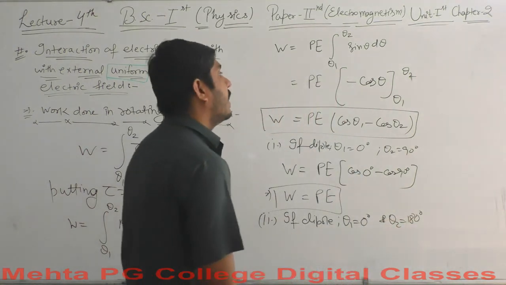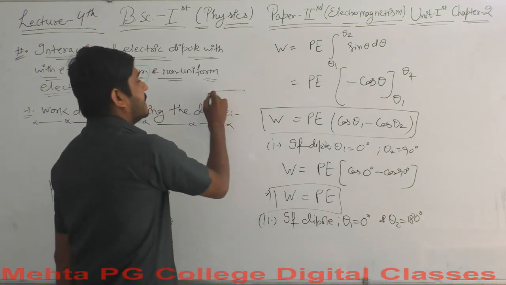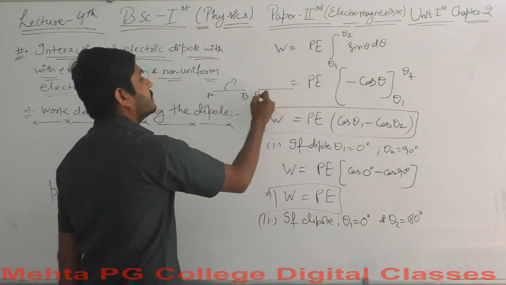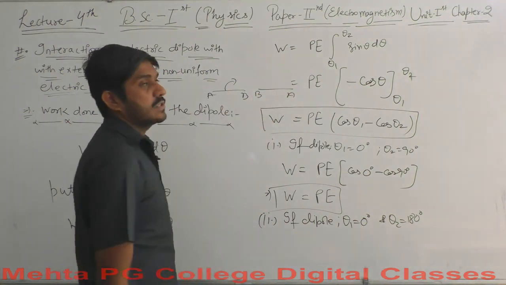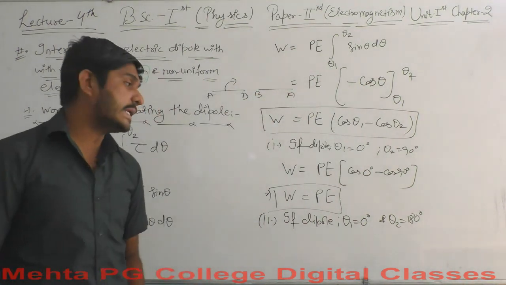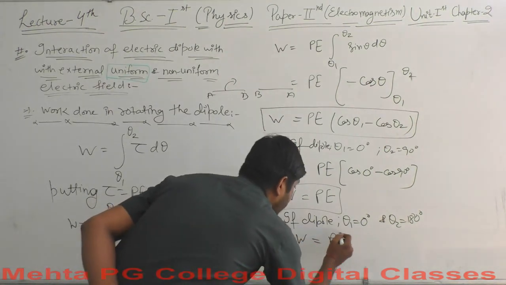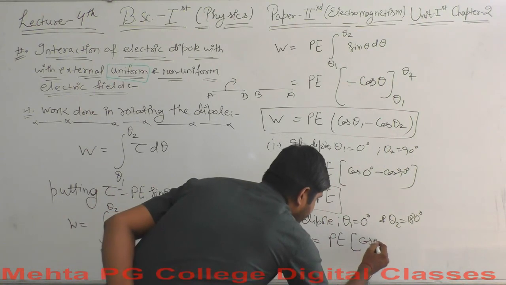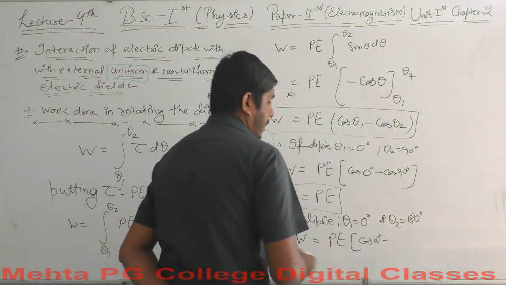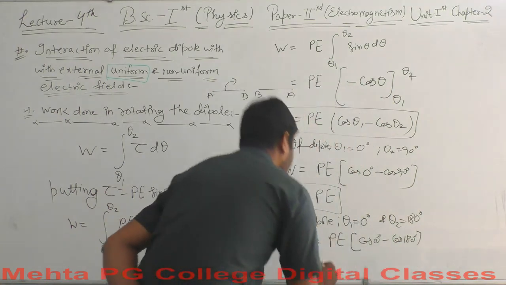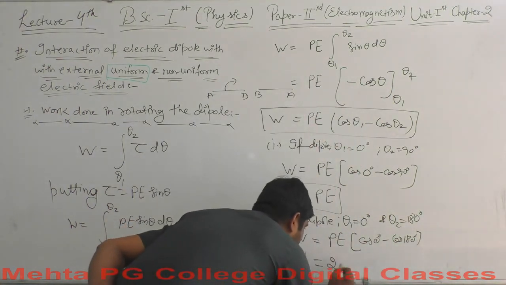It means that initially the dipole has this state, let's say this is AB, and it is being rotated in such a way that it becomes BA. So the rotation is about 180 degrees. Let's find out what work is to be done in this case. This is pE times cos of 0 degrees minus cos of 180 degrees. Well, this time W is equal to 2pE.